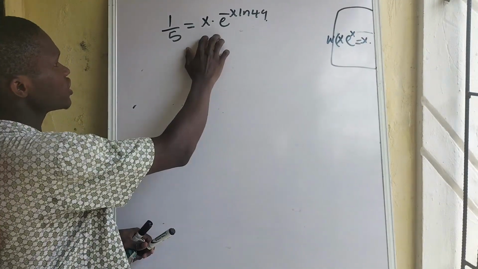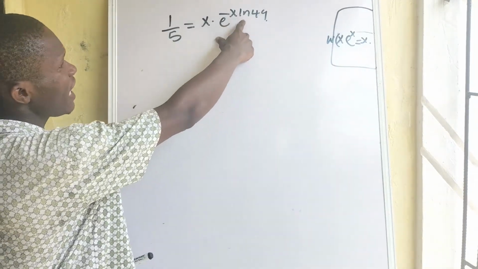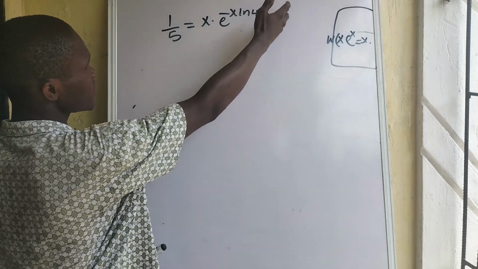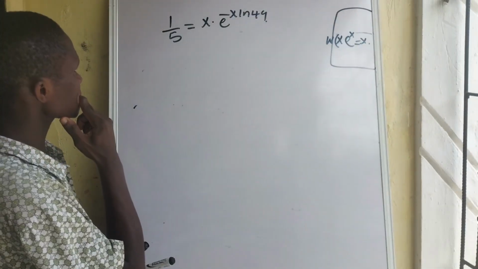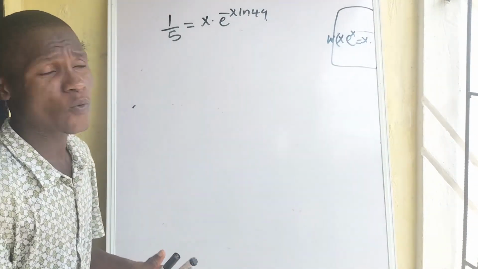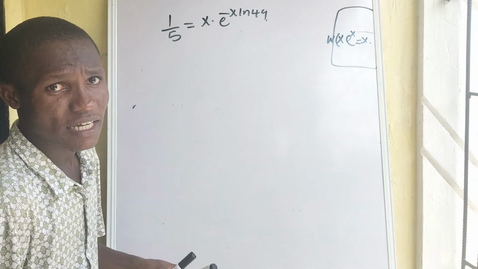But at this junction, when we have x exponential minus x ln 49, this side is not yet equivalent to the exponent. So what are we simply going to do? We are going to multiply both sides of the equation by minus ln 49.